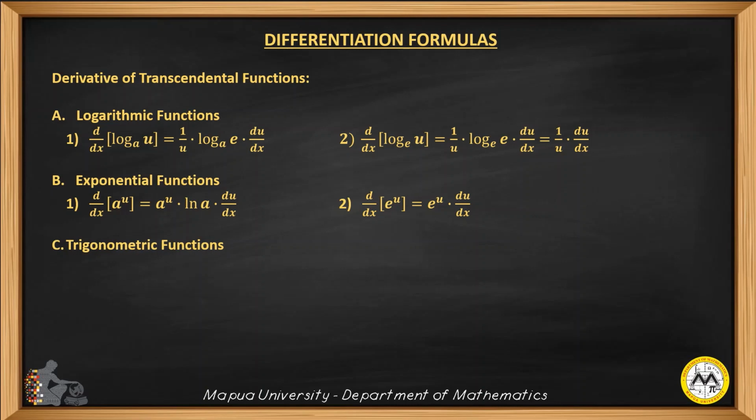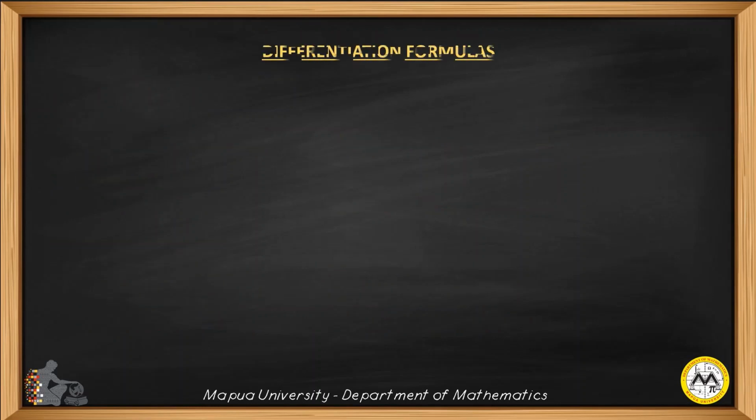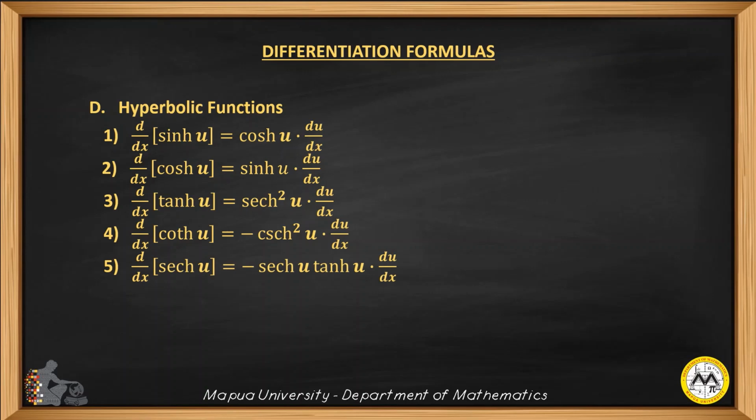For the trigonometric functions, we have one for each of the 6 trigonometric functions as follows. For the hyperbolic functions, we again have 6 as shown in this slide.